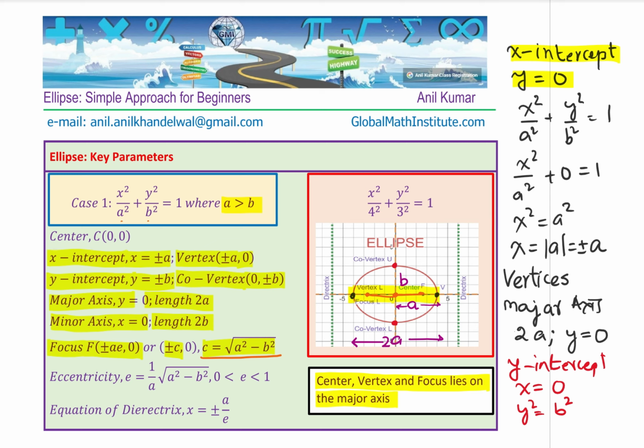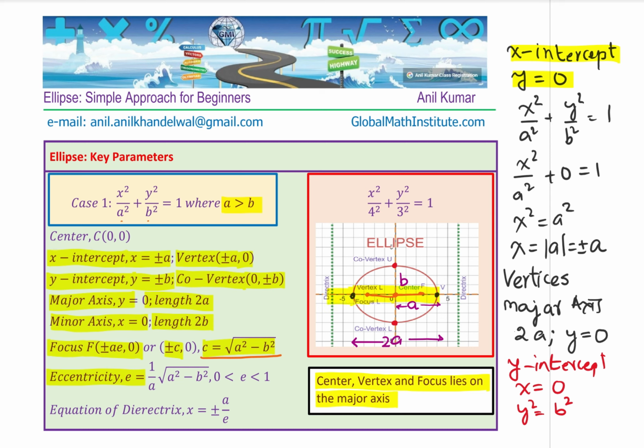So the difference of their denominators gives you the value of C square, and when you square root it, you get the value of C, the distance of the focal point from the origin. Get the idea, right? As I was saying, eccentricity is the basic definition of an ellipse, the ratio of the distance from any point to the focal point and to the line.